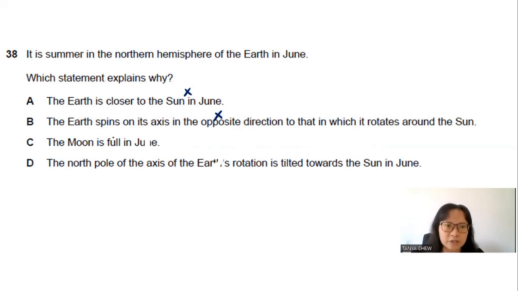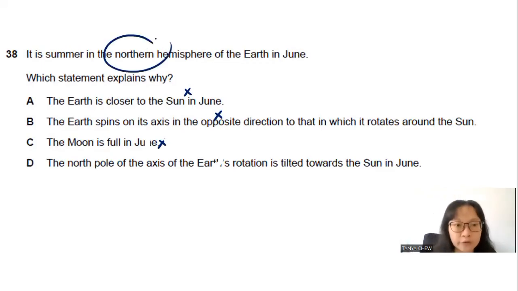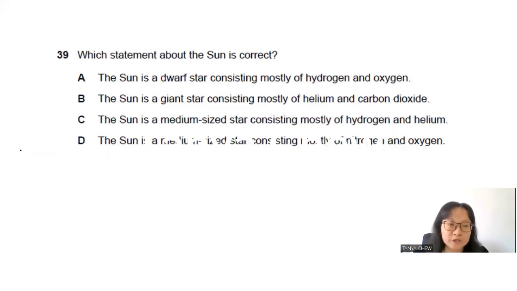C, the moon is full in June. That is not the explanation for why there is summer in the northern hemisphere. D, the north pole of the axis of the Earth's rotation is tilted towards the sun in June. Yes, because this is related to the northern hemisphere. That is why the northern part is facing the sun, which is closer to the sun. D is the answer.